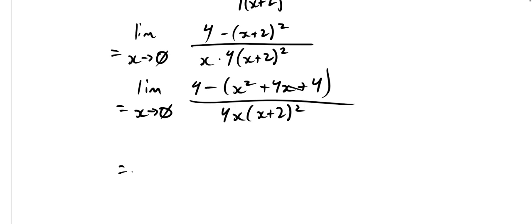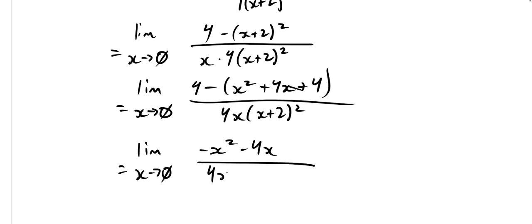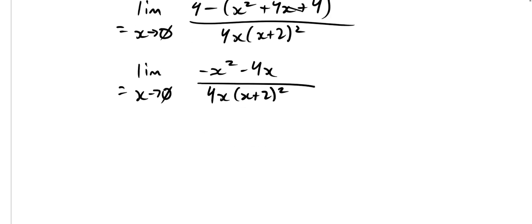It's factored. I'm not expanding that. So what's happening on top? I've got negative x squared minus 4x, and then the 4 minus 4 are gone. Hey, don't just copy me. You can take it from here. I'm sure you know what you're doing.